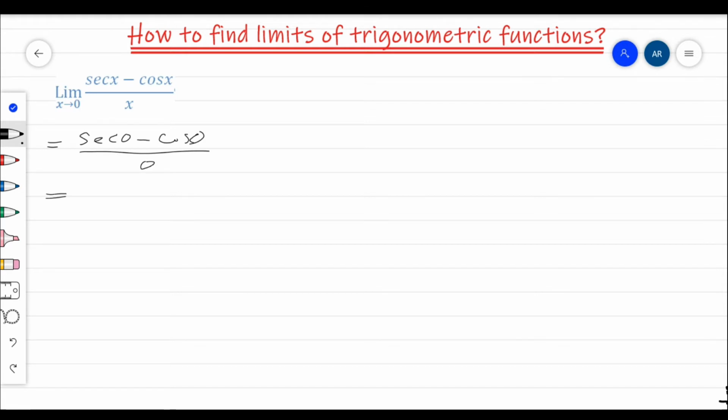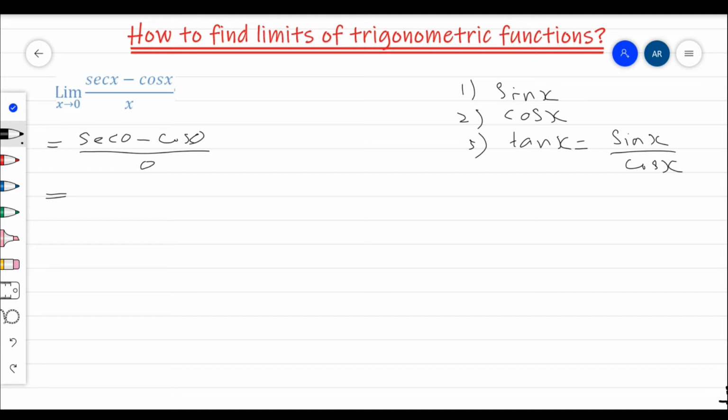Now, we all know really well that sine of x and cos of x are two basic trigonometric functions. By dividing these two, we get sine of x by cos of x. Their division is tangent of x. This is our third trigonometric function.